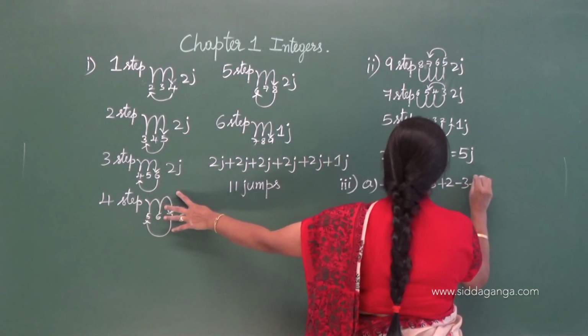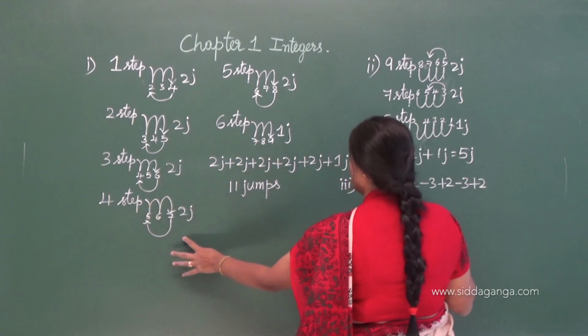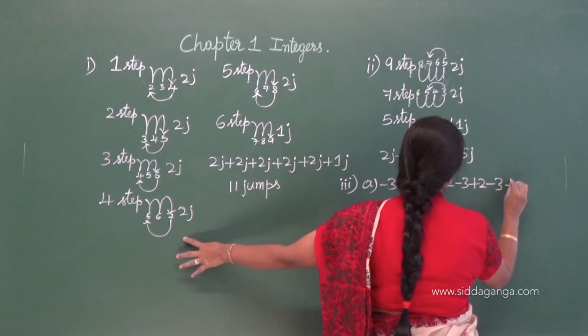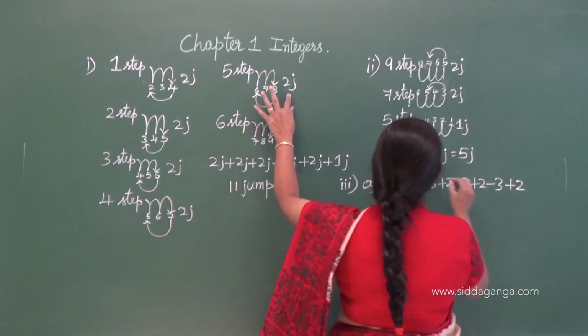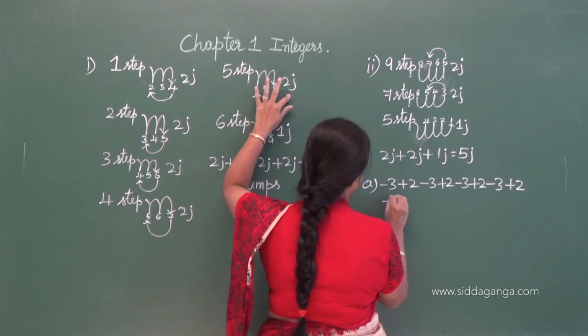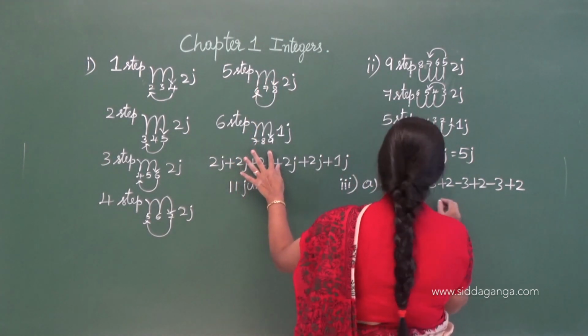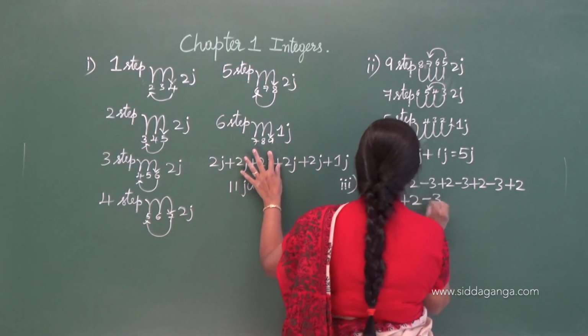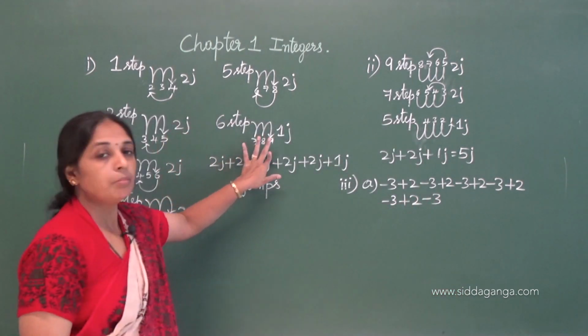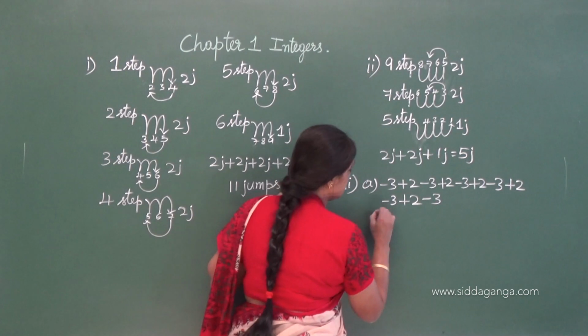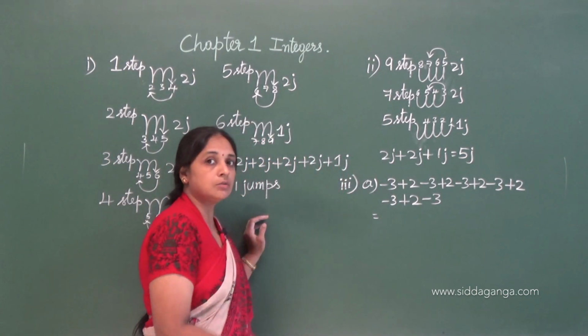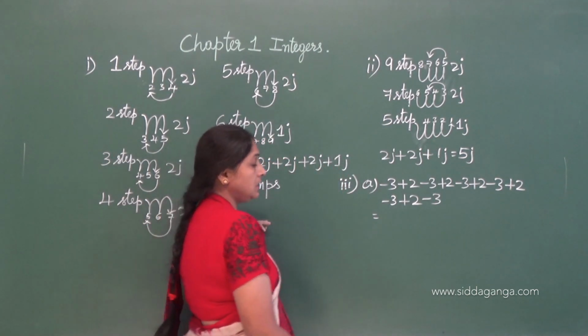Here it's minus 3 plus 2, here it's minus 3 plus 2, and here it's minus 3 plus 2, and here it's only minus 3. So add the negative integers separately and positive integers separately.